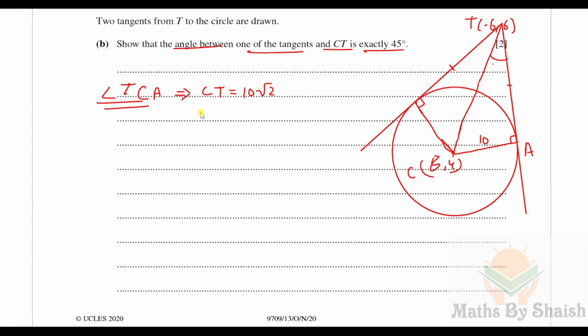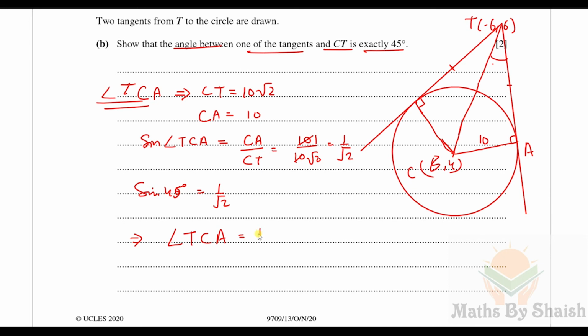Then we will use the sine of angle TCA, which is going to be CA over the hypotenuse, that is CT, which is 10 over 10√2, which would be 1/√2. And we know that sin 45 degrees is 1/√2, and hence we can say that angle TCA is 45 degrees.